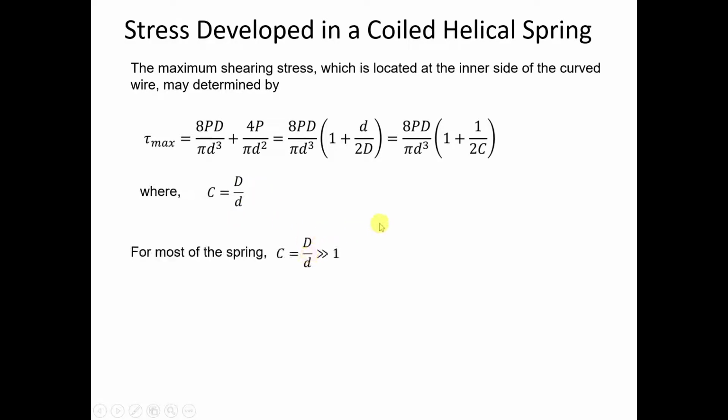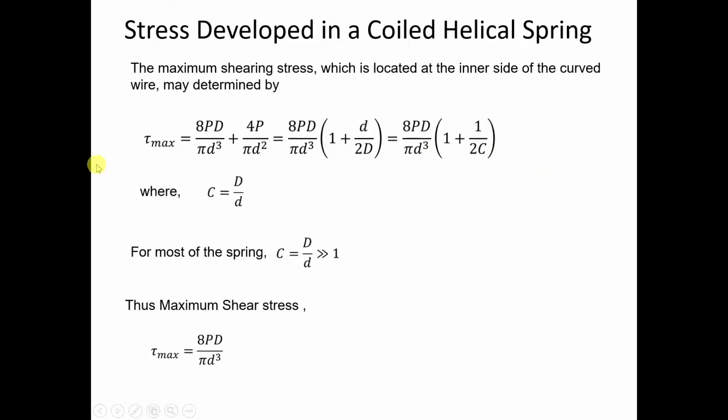Now for most cases the spring index C, that is capital D by small d, is very much greater than 1, as the wire diameter is very small compared to the mean diameter of the coil. So the value of this 1 plus 1 by 2C almost becomes 1.